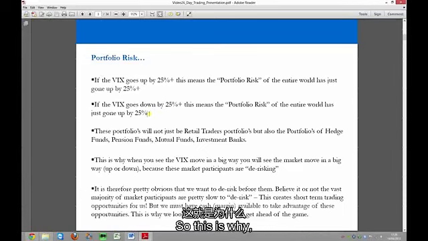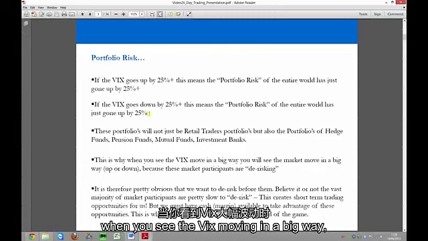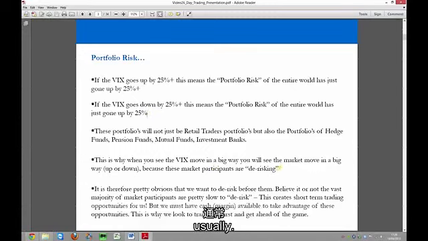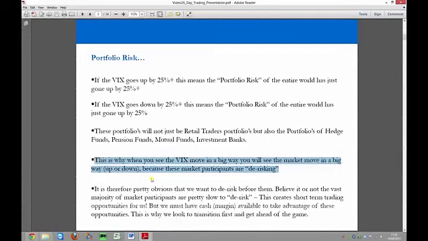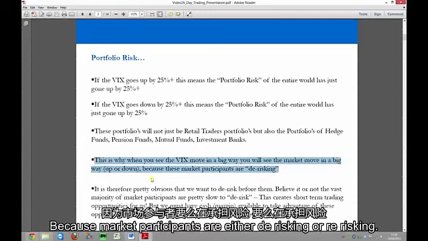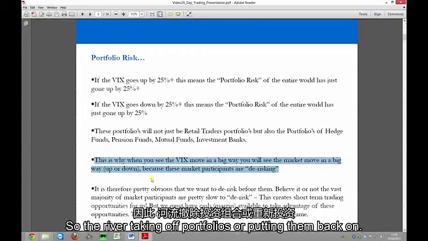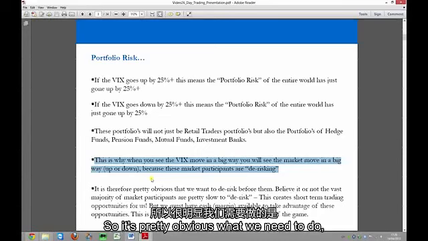So this is why when you see the VIX moving in a big way, usually you see the market move in a big way, up or down, because market participants are either de-risking or re-risking. So they're either taking off portfolios or putting them back on. So it's pretty obvious what we need to do.